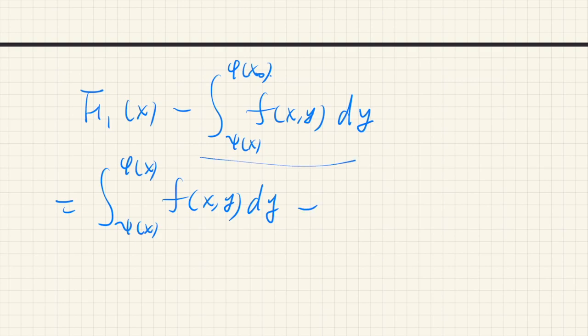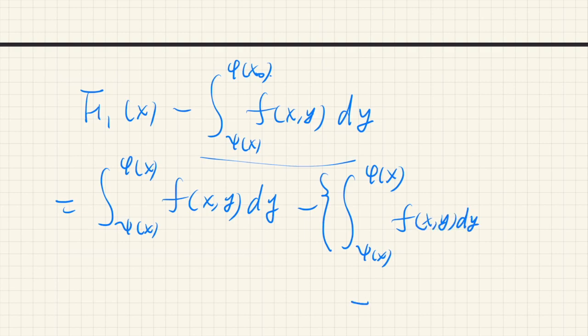And this part, we split this integral into two parts, okay? So psi of x to phi of x, and plus phi of x to phi of x0. So this is phi of x0.